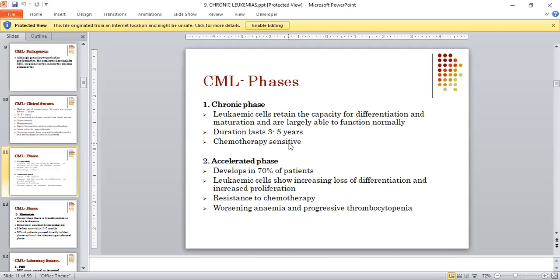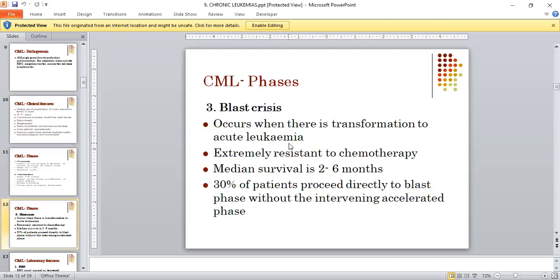In this stage, there is resistance to chemotherapy, and anemia and thrombocytopenia become worse. The last stage is called the blast crisis. This occurs when there is transformation to acute leukemia.